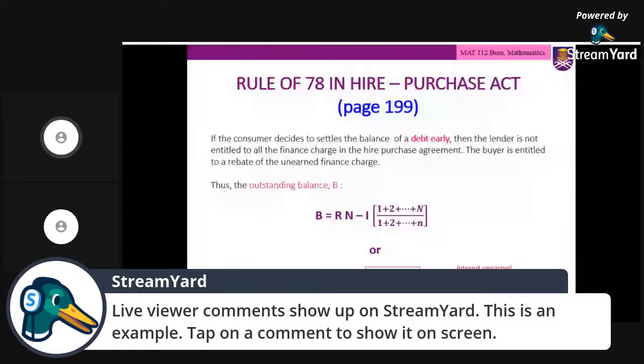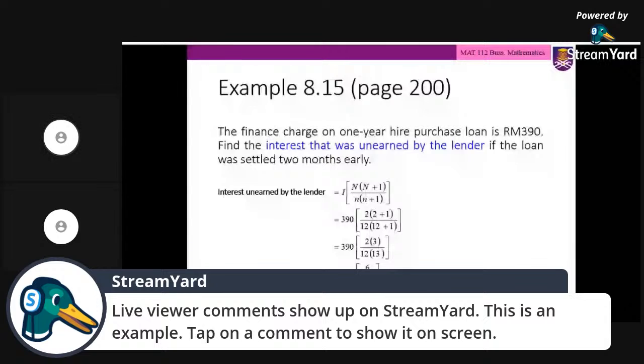Here N is the number of payments yet to be settled, the number of payments remaining. So let's say the loan was settled with 2 months left. So here we put 2. The small n is the total number of payments, which is 12.